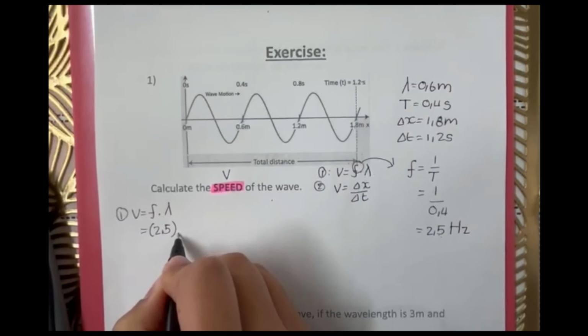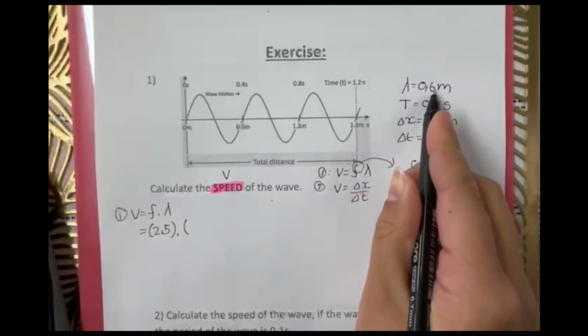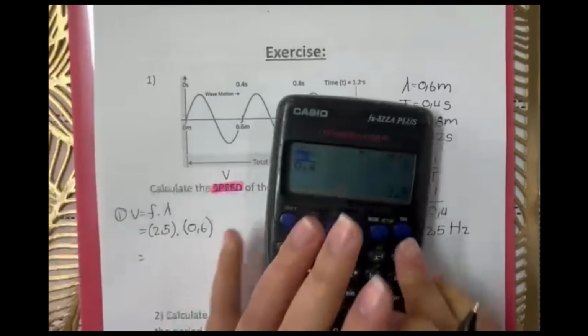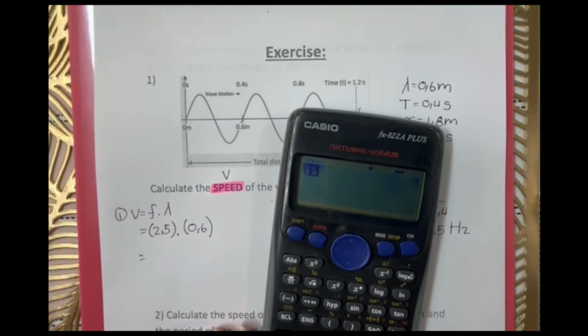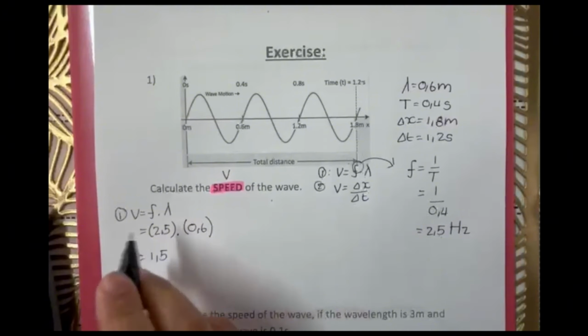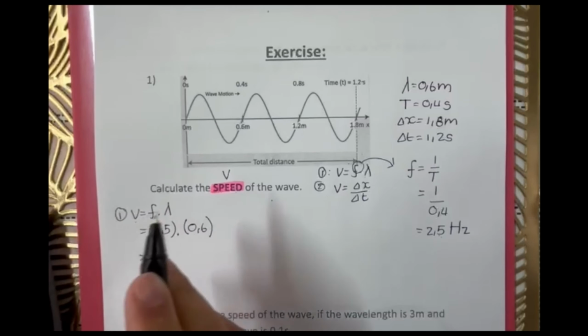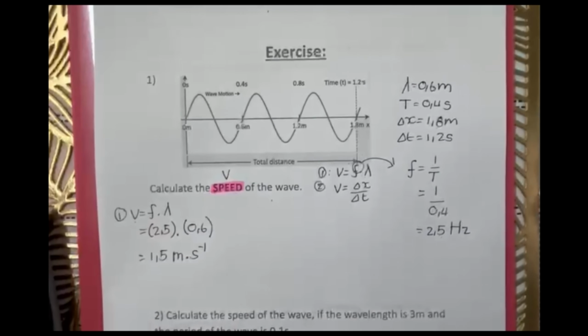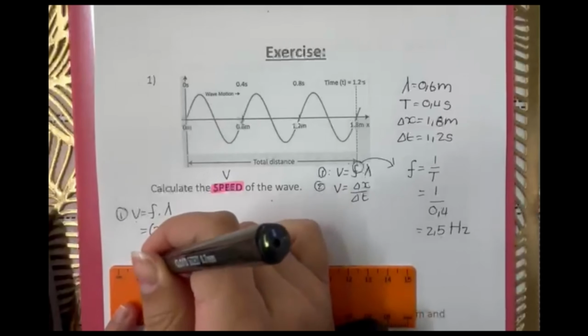So 2.5 times the wavelength, which is 0.6, and then I'm going to grab my calculator once again. 2.5 times 0.6 gives me an answer of 1.5. And what is my unit for speed? It's meters per second. So there you have it, there's your answer.